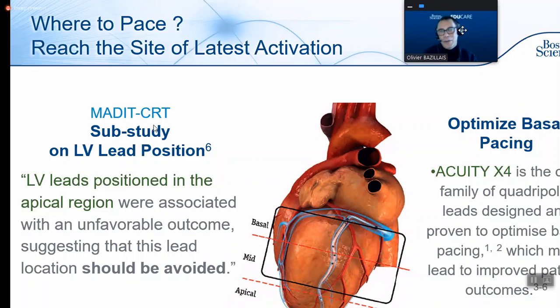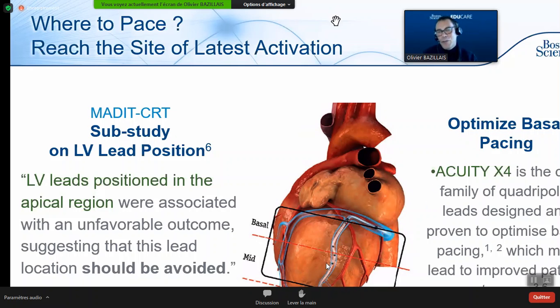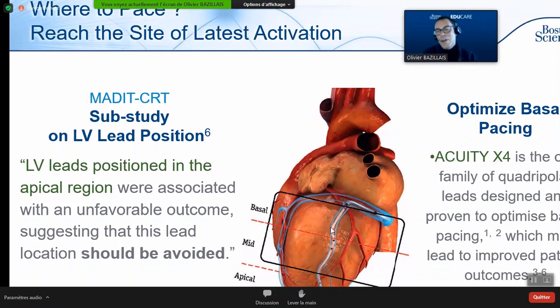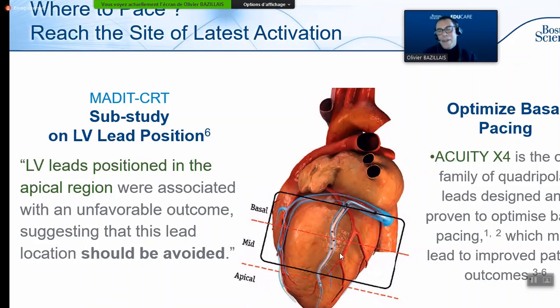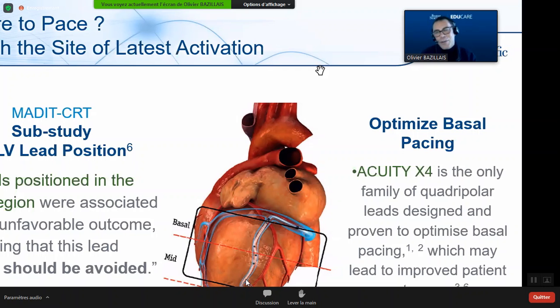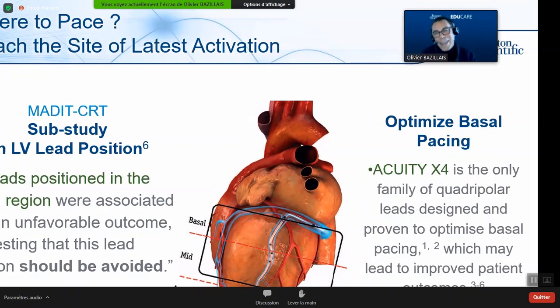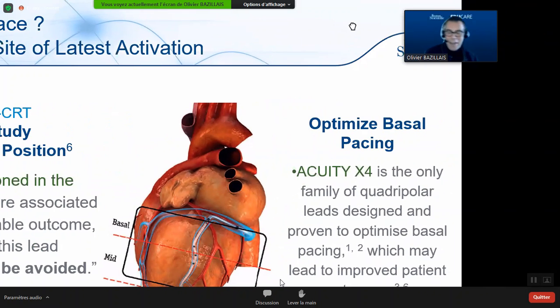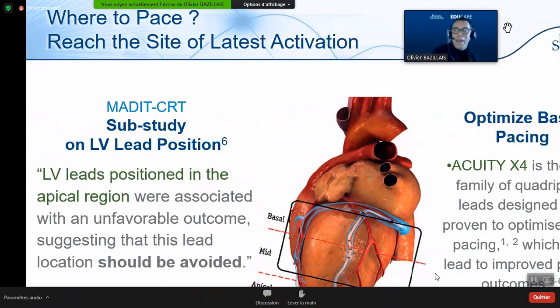So definitely, thanks to the MIDIT-CRT sub-study, we know how to optimize basal pacing, meaning we should use electrodes located in the basal area. The distal electrode can be used, but generally speaking, when the vein is really tortuous, or when the end of the vein is going back in the mid-lateral area.